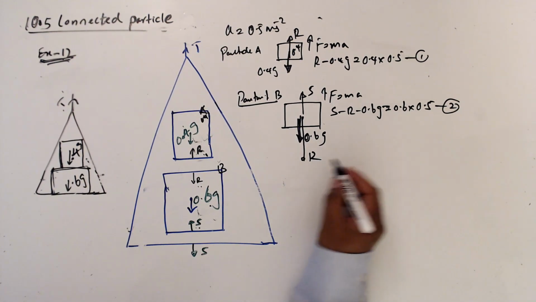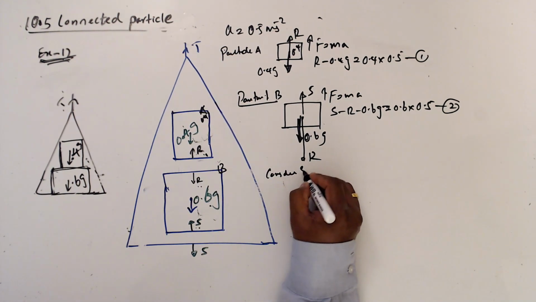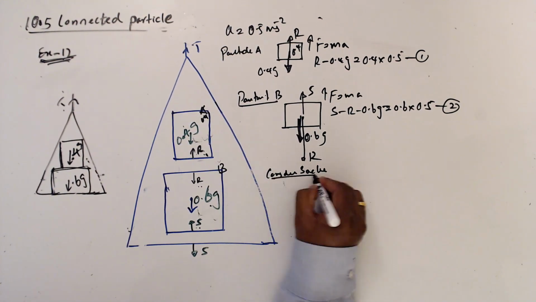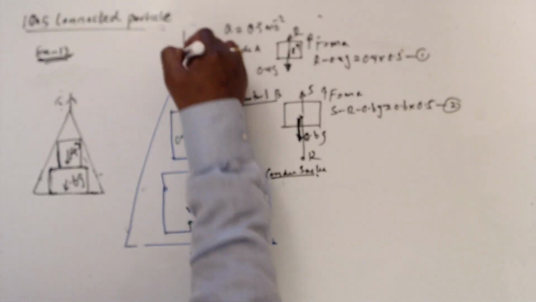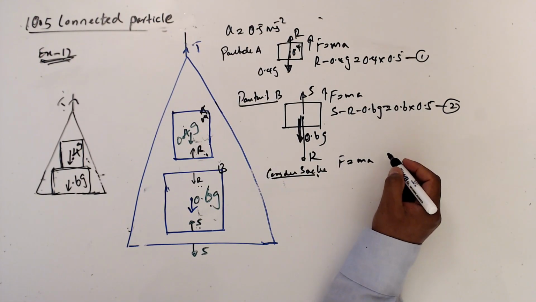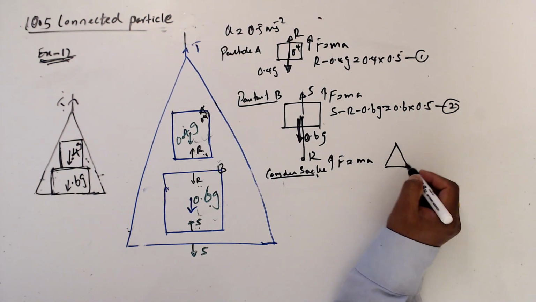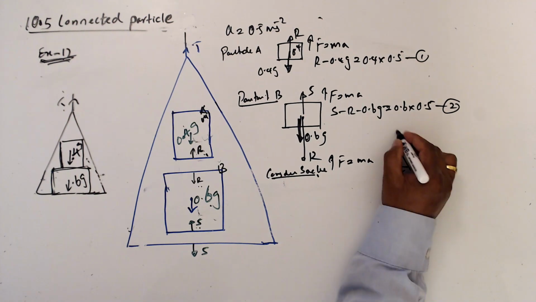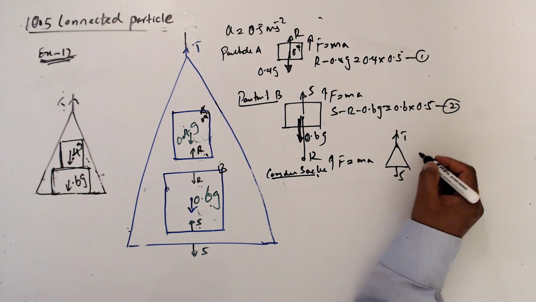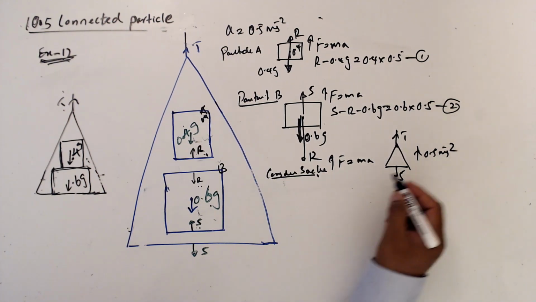And now consider the scale, then we get F equals MA upward. So we have this setup. S is here, T is here, and it is moving with 0.5 m s to the minus 2.